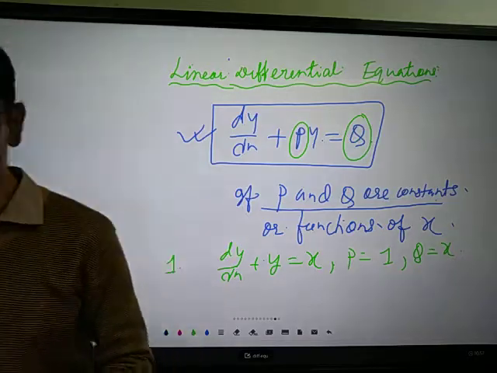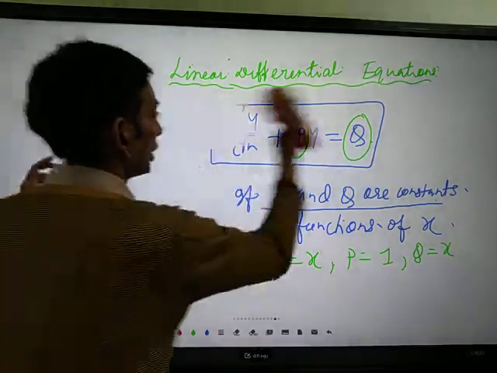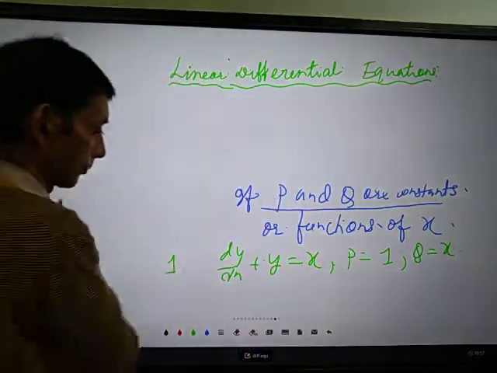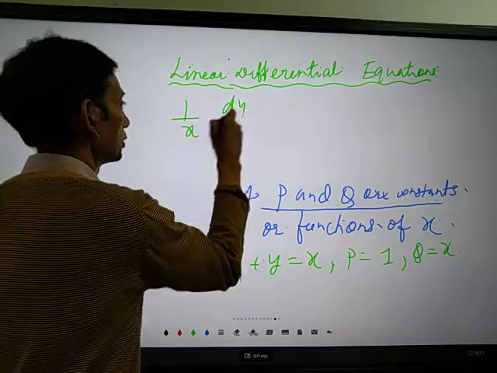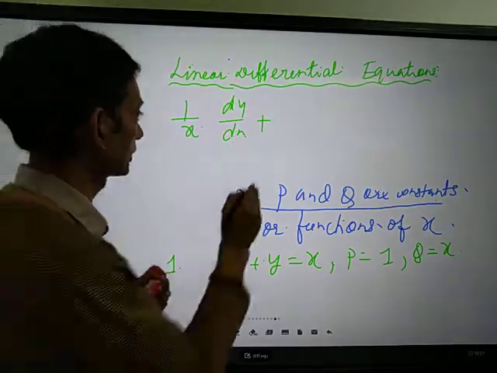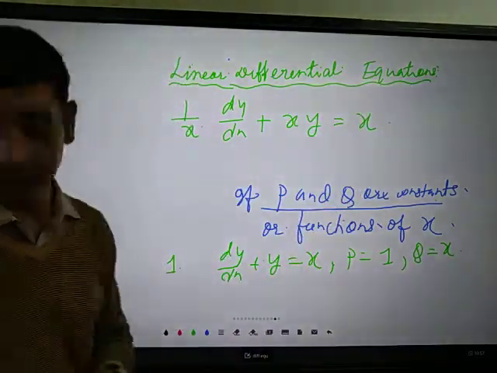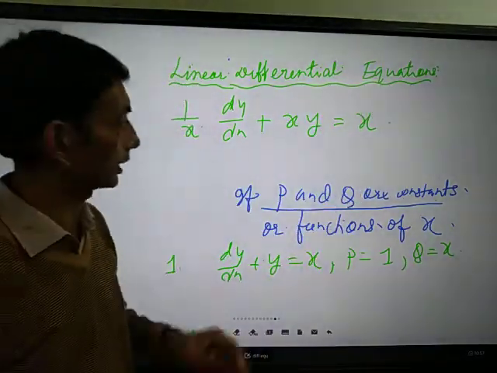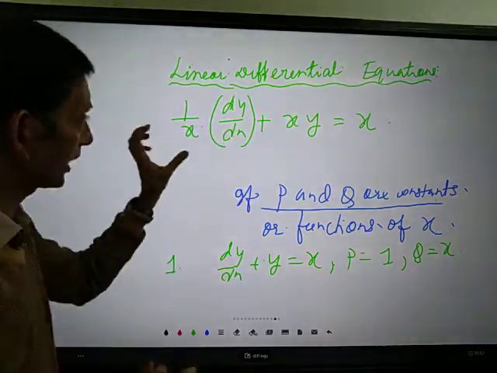Let me give you some more examples of linear differential equations. Say 1 by x dy by dx plus xy equal to x. This is another example of a linear differential equation, though it's not given in standard form.